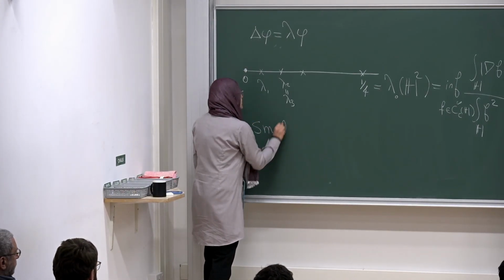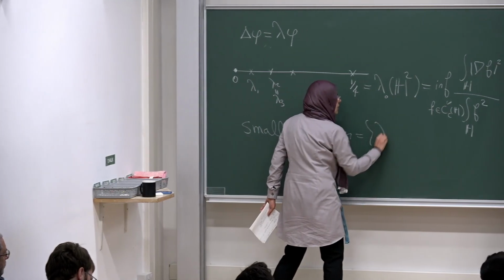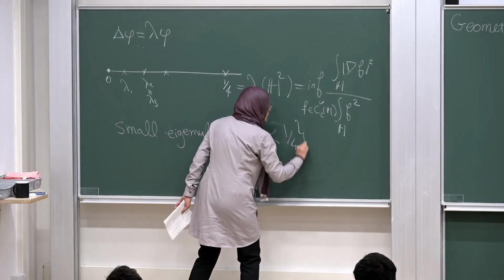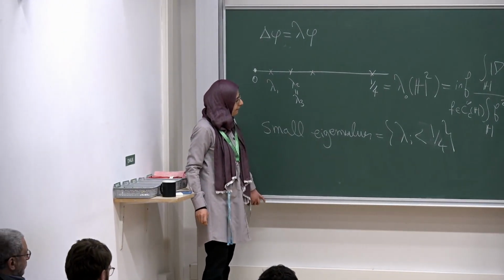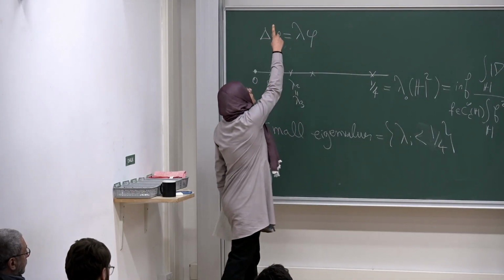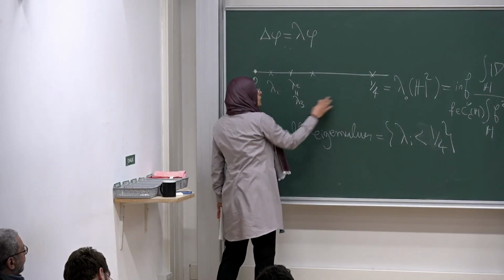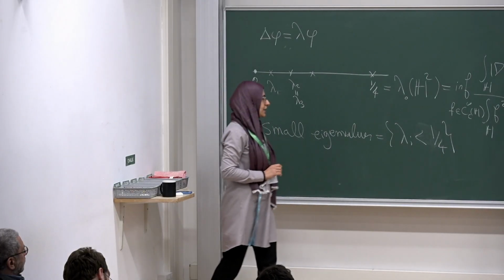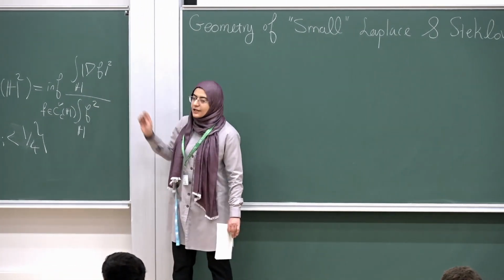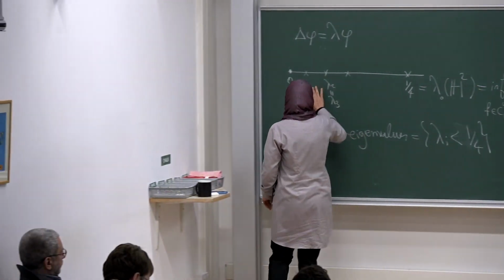And small eigenvalues are the lambda_i such that lambda_i is strictly less than 1/4. We know that H2 is the universal cover of any closed hyperbolic surface. So the eigenvalues below 1/4, we call small eigenvalues. In this talk, we are interested in the behavior of these eigenvalues and how the geometry of a hyperbolic surface affects them.